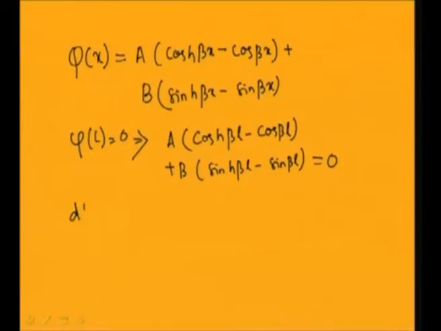Similarly, taking d psi by dx at x equal to l equal to 0. So this is the slope boundary condition. In case of slope boundary conditions, I can differentiate it once and write this equal to 0.